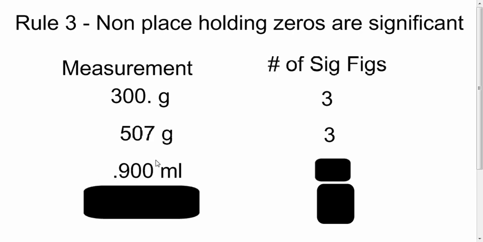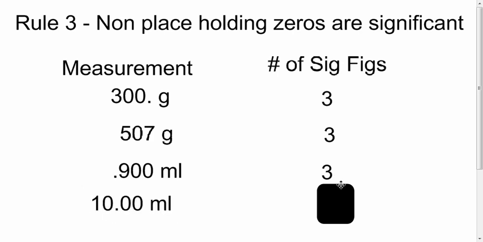These zeros here count because there's a decimal there, and then a number, and then the zeros. So it's showing you that these numbers were measured because they're after a decimal and after a non-zero number. And finally, these all count because, once again, you've definitely measured the 1, and then you've got these three numbers after it.